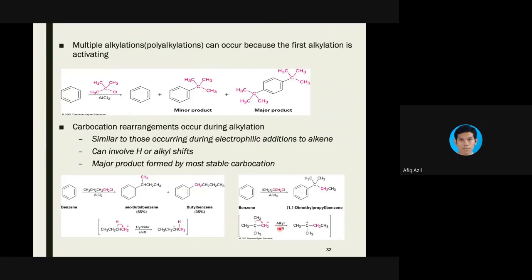An alkyl shift happens so that the carbocation, instead of primary, becomes a tertiary carbocation, which is by far the most stable one. So you end up with not your intended product. If you want this product, you end up with this one as the major. So that is one of the limitations.